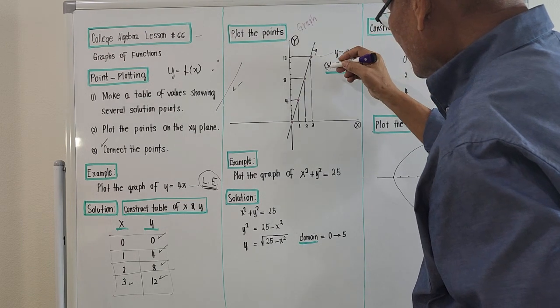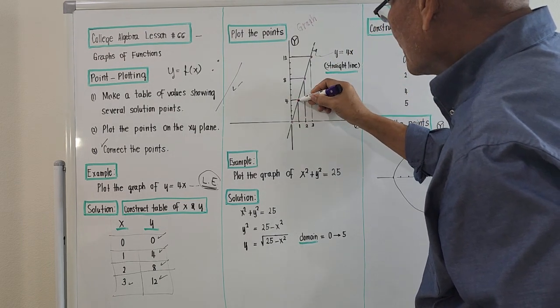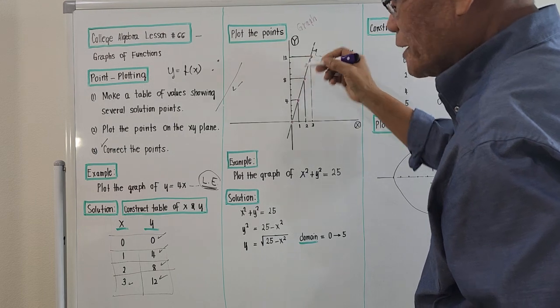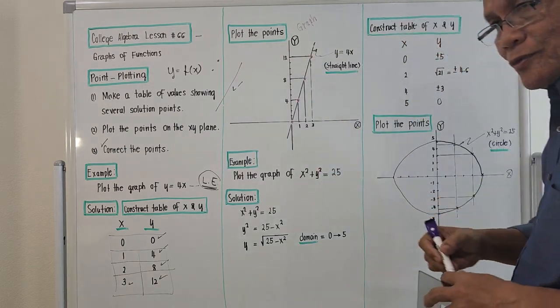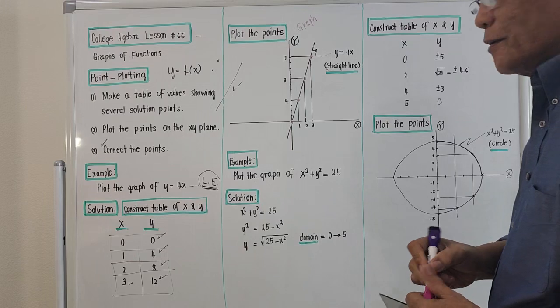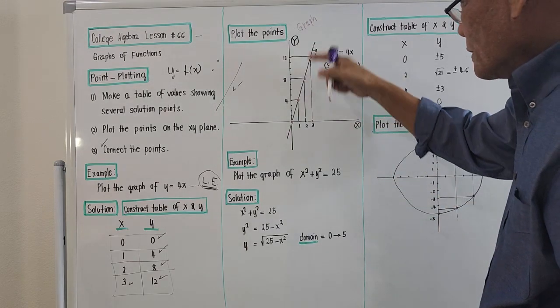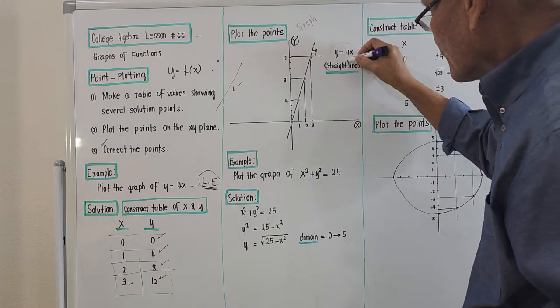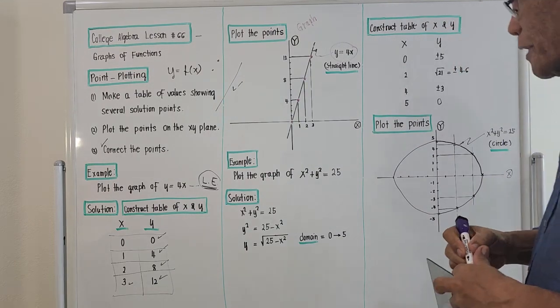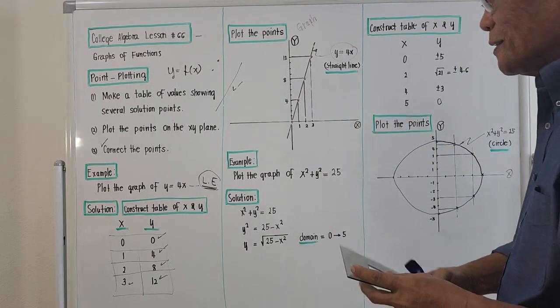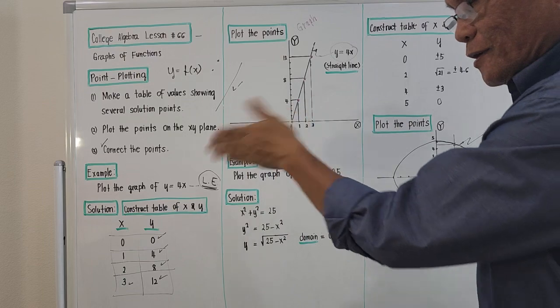First point, second point, third point, fourth point. I think that's more than good enough to plot a straight line. And the equation of this is actually y is equal to 4x. That's the graph of the first one if the given function is a linear equation.